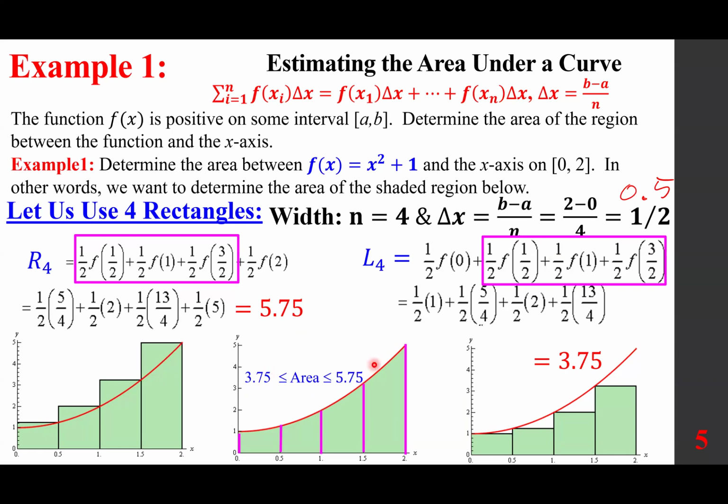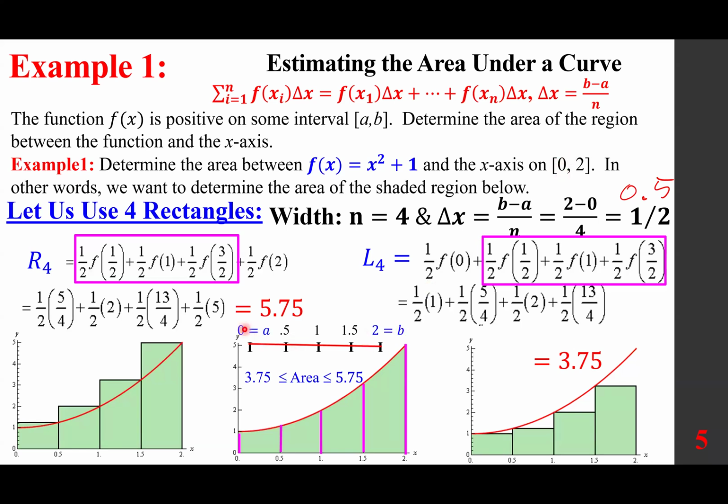But I want you to notice the difference between the 2 numbers is 2, which is a lot. So if we increase n, the difference becomes smaller and smaller and eventually becomes small enough to be acceptable. Now, when you look at this concept, I want you to look at this line segment from 0 to 2. 0 equals a and 2 equals b.